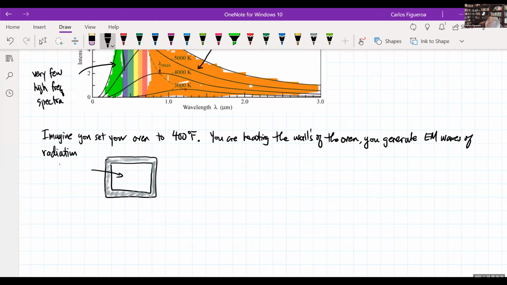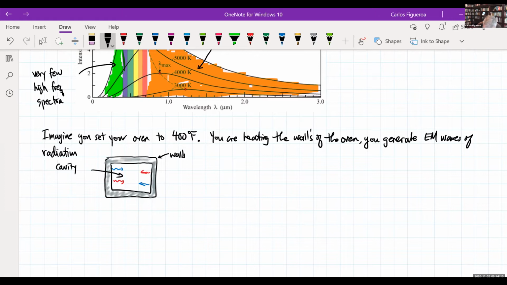Inside of here, of course, is the cavity of the oven, and then these are the walls. So as the walls heat up, they're emitting electromagnetic radiation into the interior. So in other words, these walls are emitting radiation into the cavity.